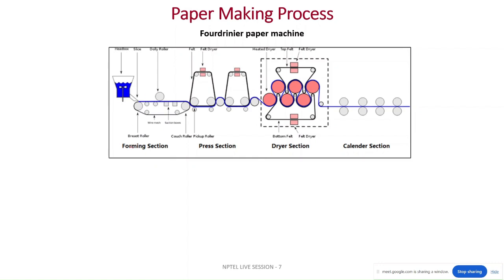When it enters into the, this is the 90% water content. If I am marking, this is the 90%. When it enters into the pressing section, it is around 80 to 82%. Then after the pressing section, when it enters the drying section, it is 60 to 65%.